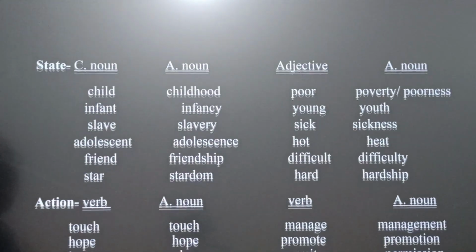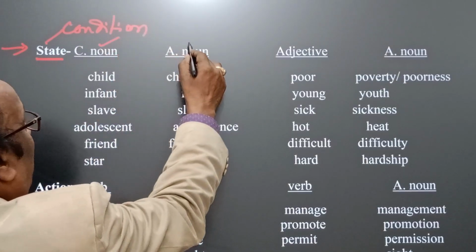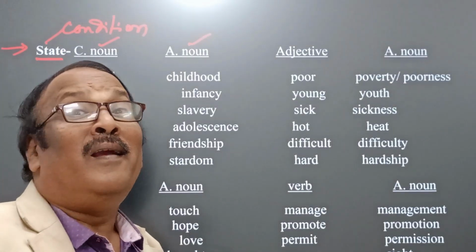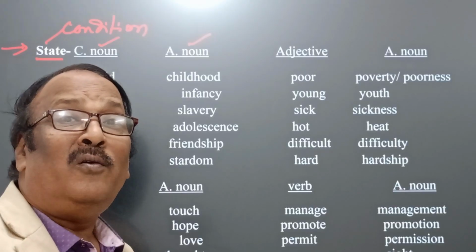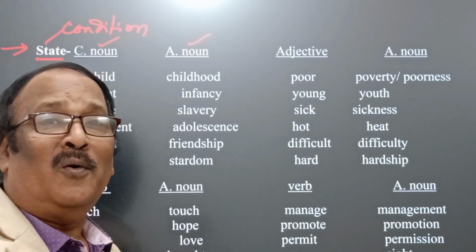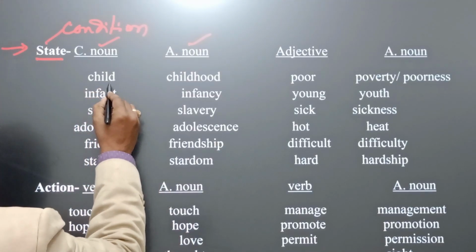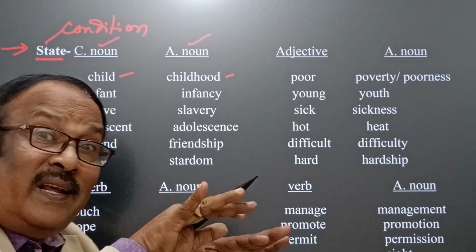Next, state or condition. You see, common noun and abstract noun. Whenever we make an abstract noun of condition, then definitely that noun comes from a common noun. Then how? See here, child, common noun, but childhood is the state.